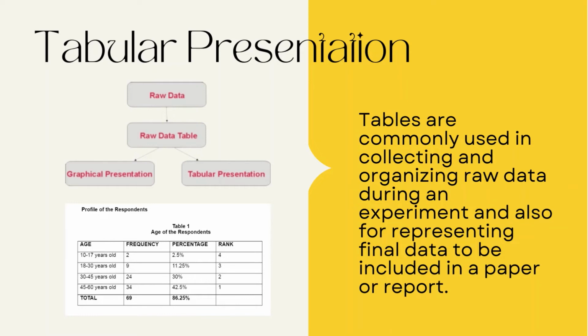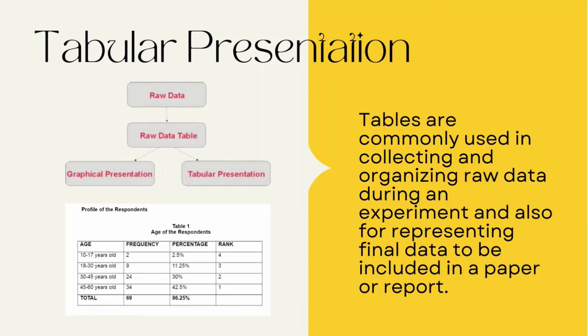Tables, as we all know, are often used in collecting and organizing raw data throughout an experiment, as well as displaying final data for inclusion in a paper or report. The depiction of data in a table is formally known as a tabular presentation.